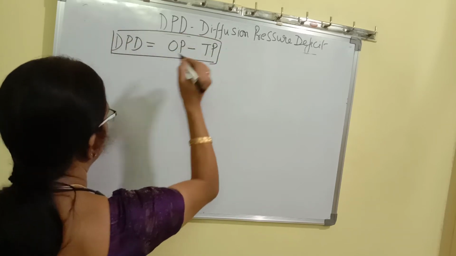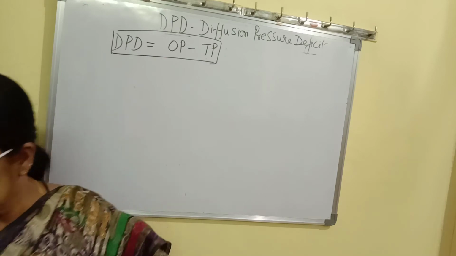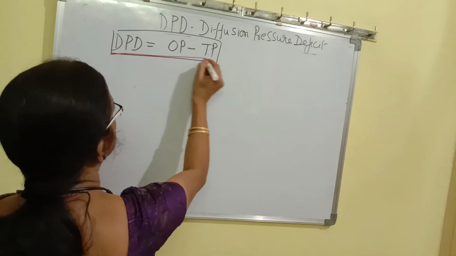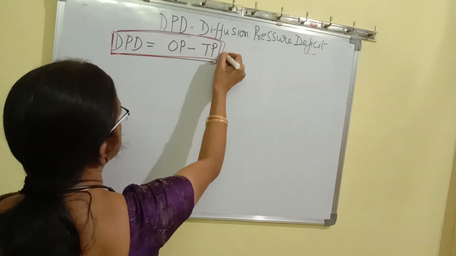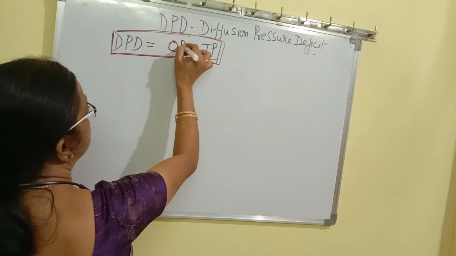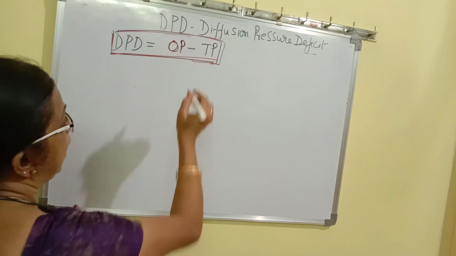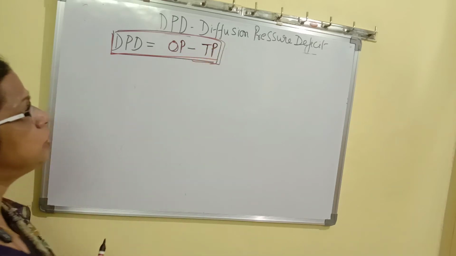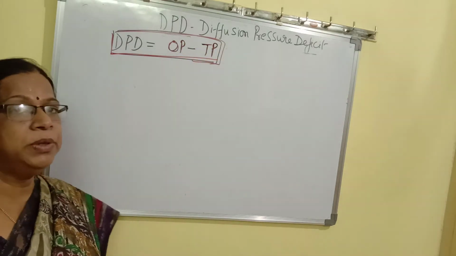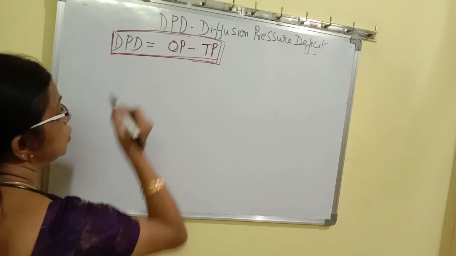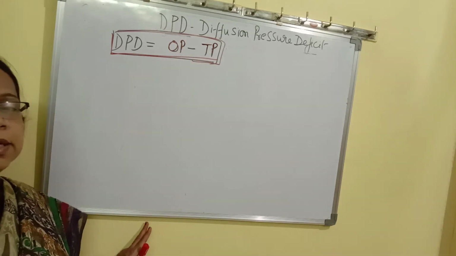OP is osmotic pressure and TP is turgor pressure. So DPD is the difference of osmotic pressure and turgor pressure.